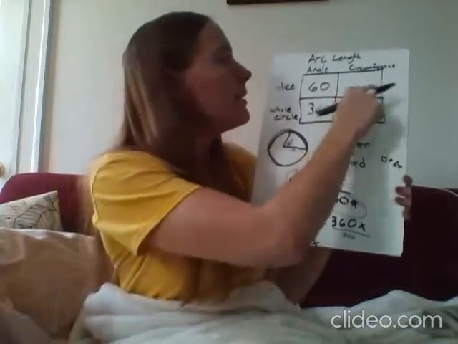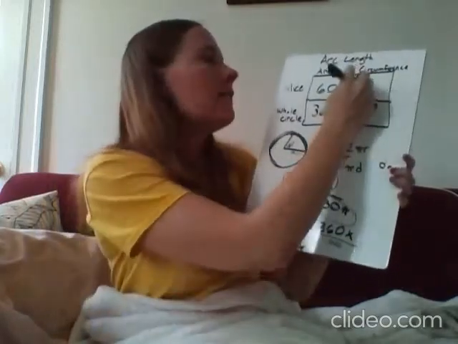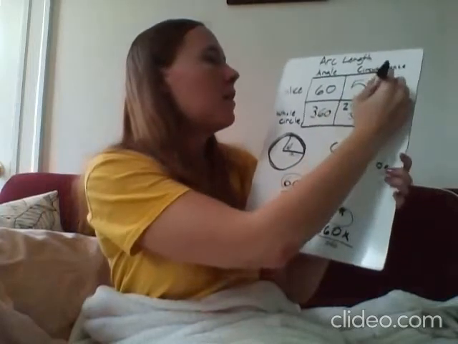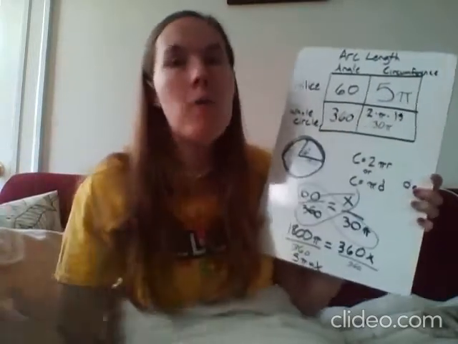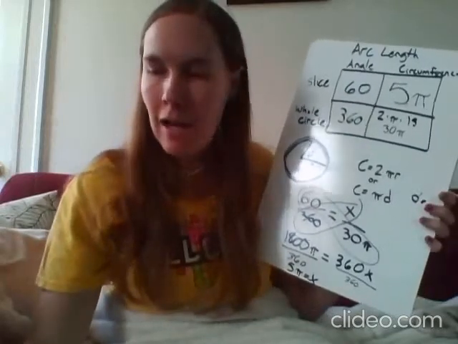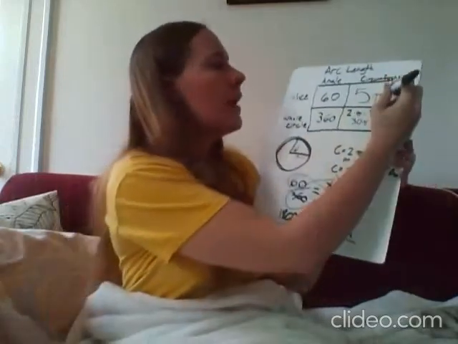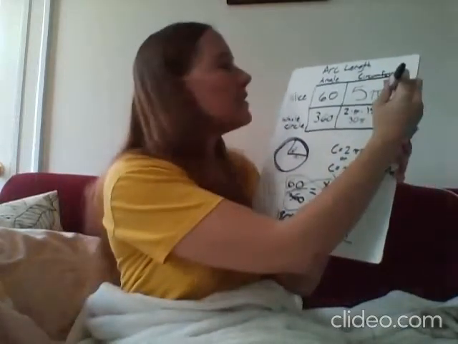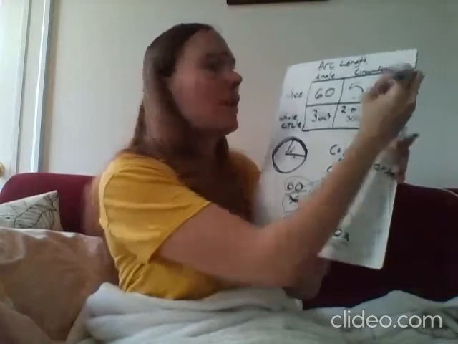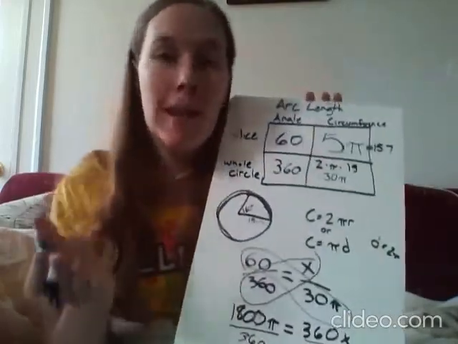So that means our crust, our arc length, is 5 pi. If we want to put it in terms of our numbers and not use pi, we multiply it by 3.14, and that's the same thing as 15.7.